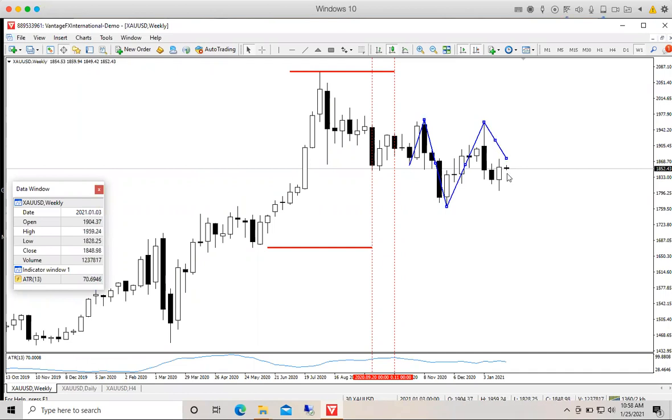You guys using the chat box in Zoom? All right, so it seems like everyone's happy.